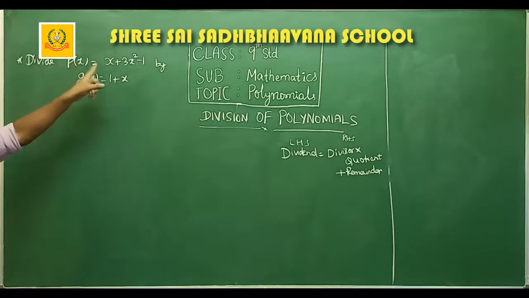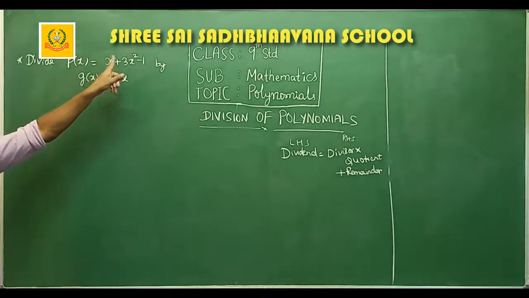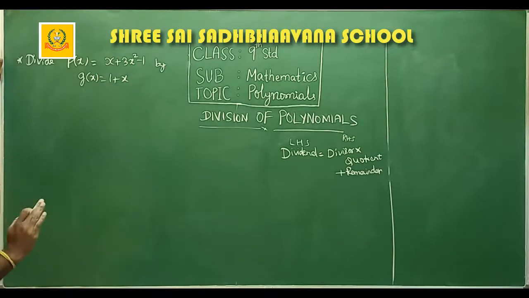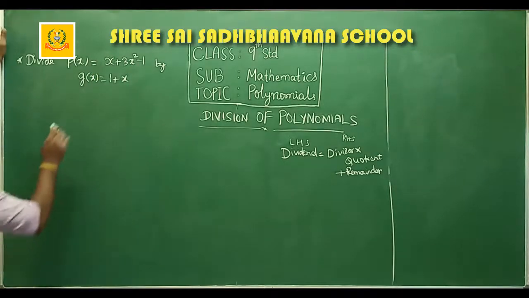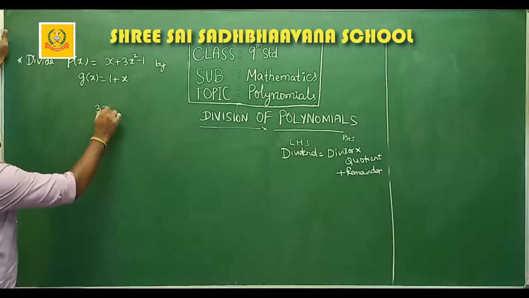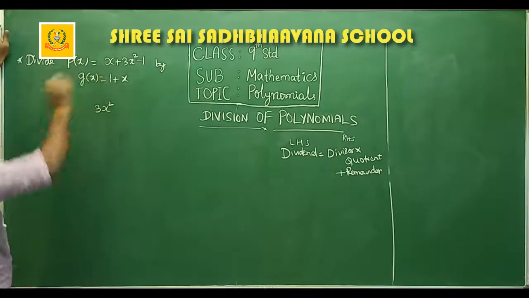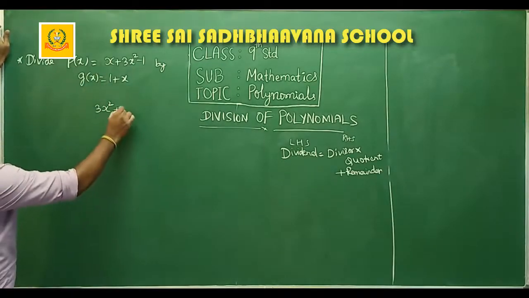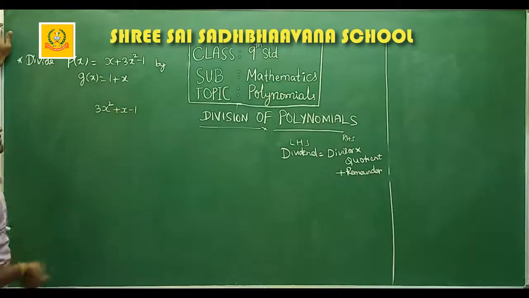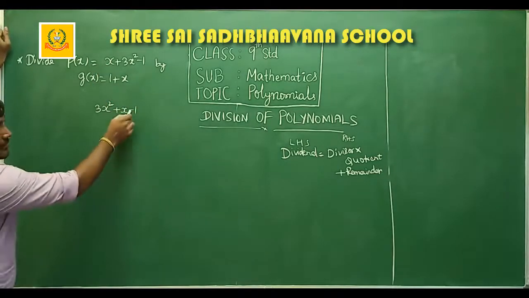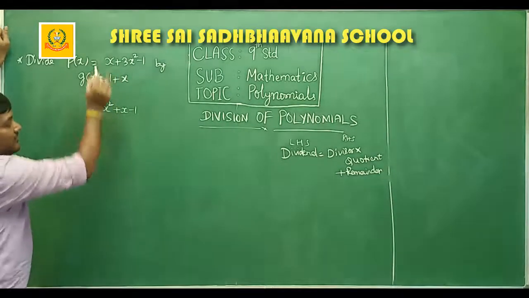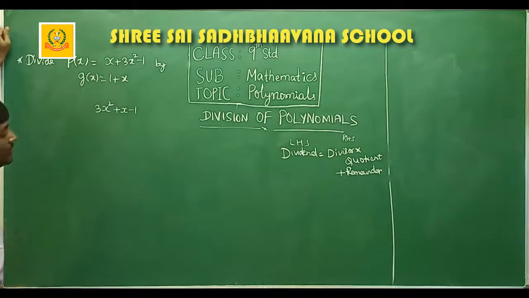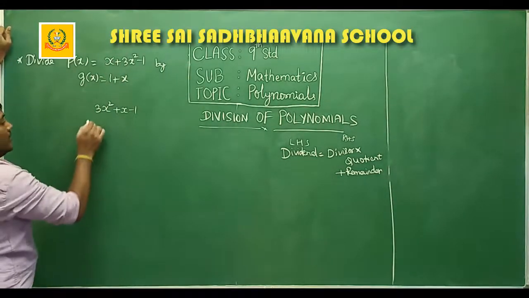Here, x power 1, x power 2 and a constant are there, so you have to arrange the terms in descending order. First you write 3x square because that has the highest power, next you write x, and next you write the constant. Remember, signs are important: minus 1 plus x plus 3x square. That is very important.